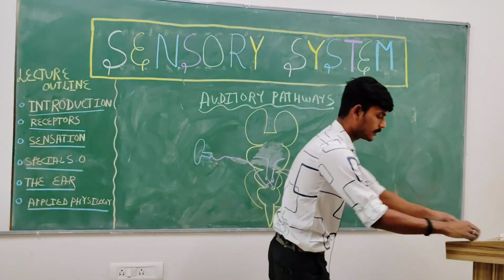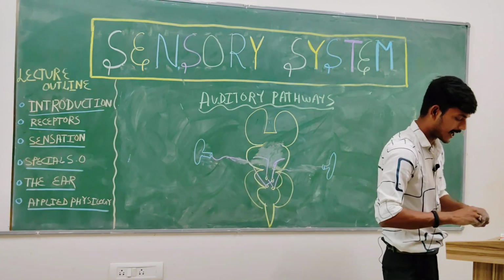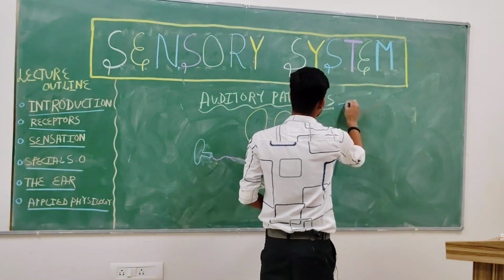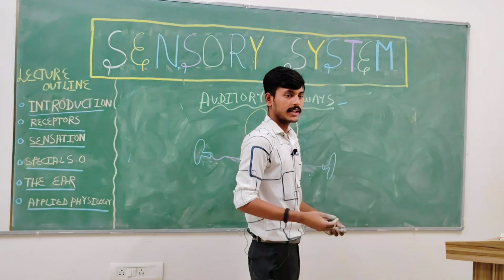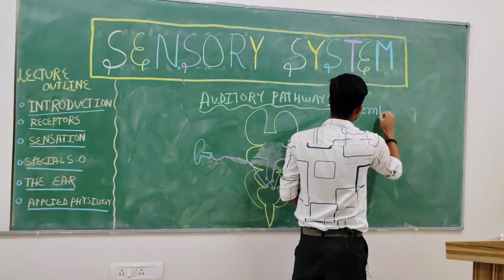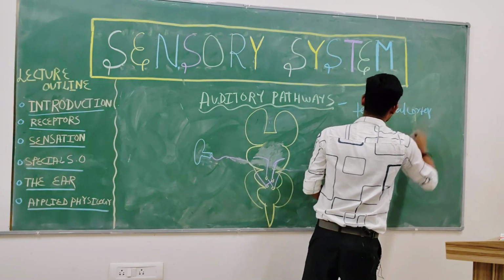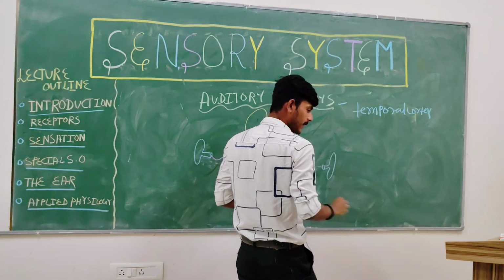So first thing you remember, you just understand the higher center of hearing. The higher center of hearing is your temporal cortex. This is your auditory nerves.